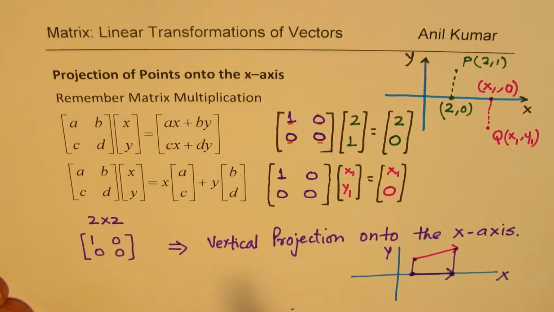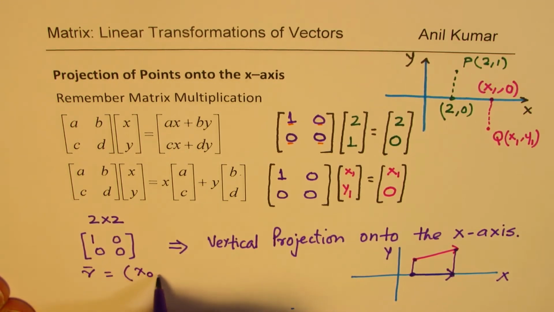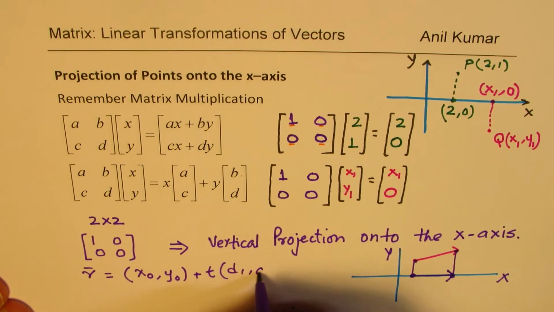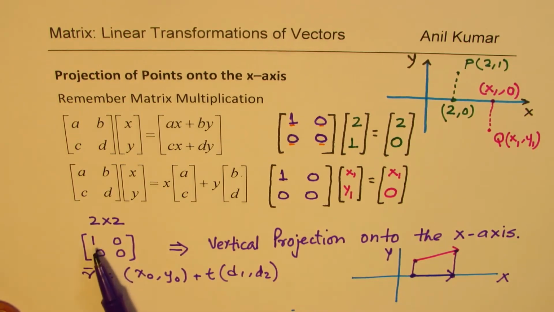So what you need to explore here is that if I have a line which is x0, y0 plus t times, let us say d1, d2. In that case, this line will also be projected along the x-axis using the transformation shown here, 1, 0, 0, 0. Perfect. Is that clear?